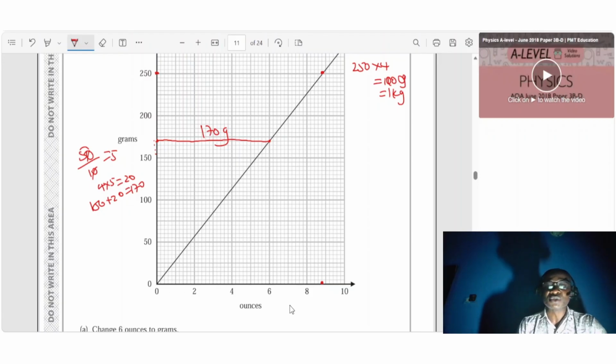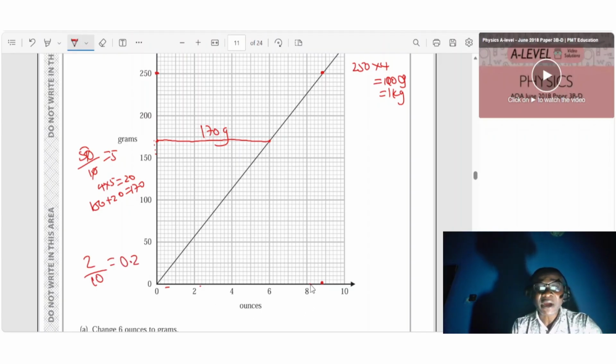Now watch out again. From 0 to 2 has a difference of 2. Then how many lines are there? There are 10 lines. So 1 line is 0.2. So what will I do here? I count 1, 2, 3, 4. So that is 0.2 times 4, which is equal to 0.8. Therefore, at 250, what do I have? 8.8. So you are adding 0.8.